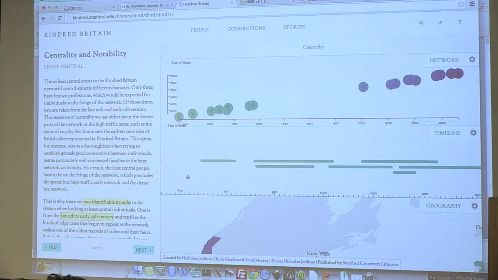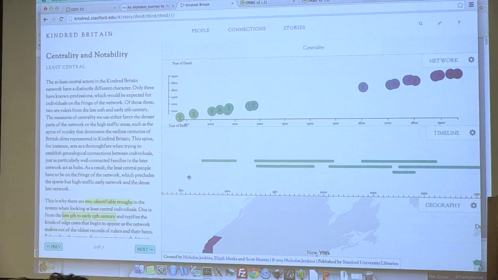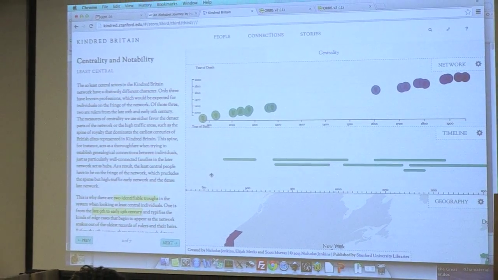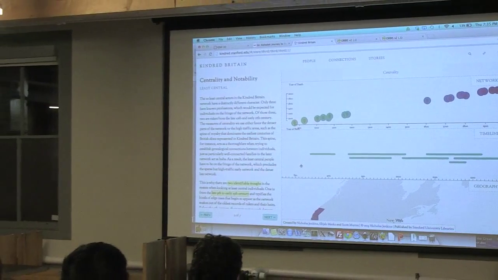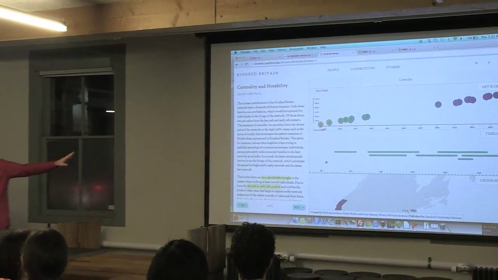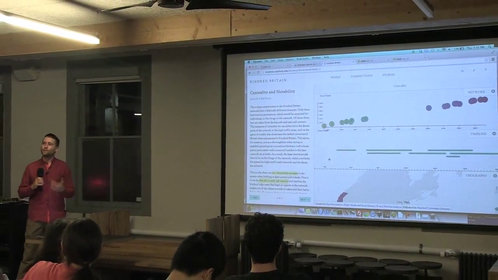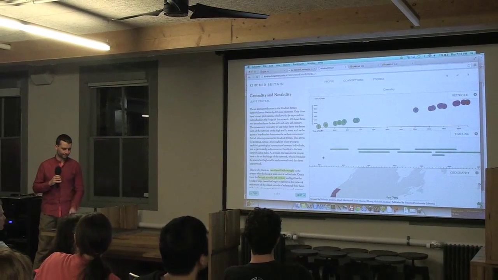If we had enough samples, we could begin to formulate this. We could use that same technique to then go to a text that wasn't made for Kindred Britain and try to derive from it claims about other British cultural practices that might relate to this particular view of British culture.